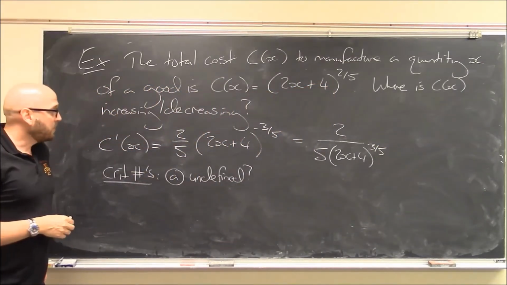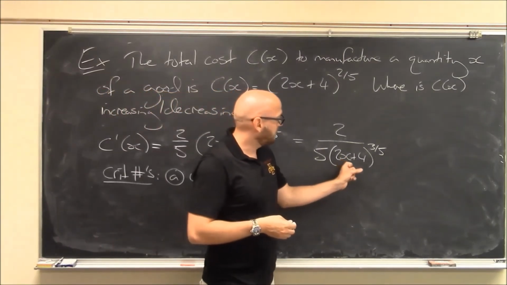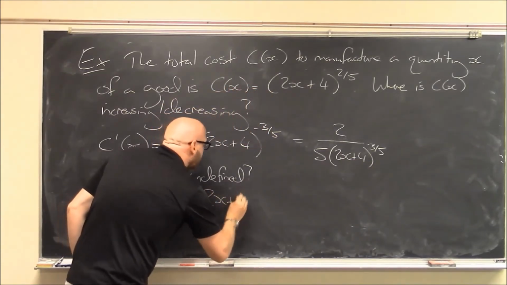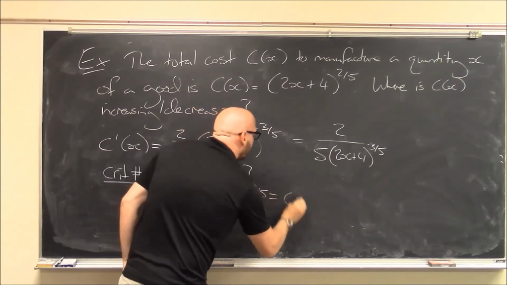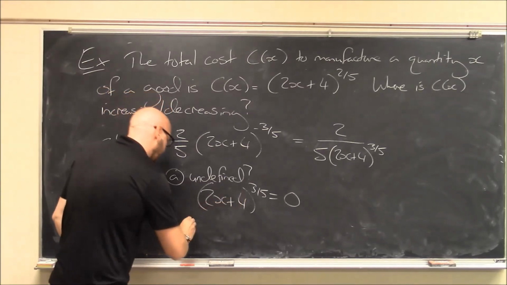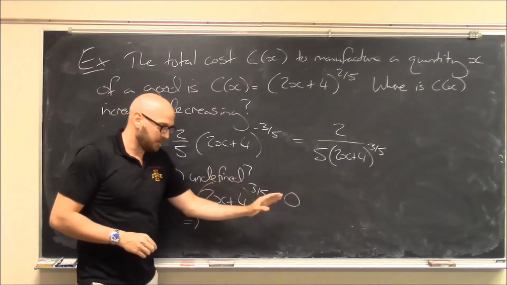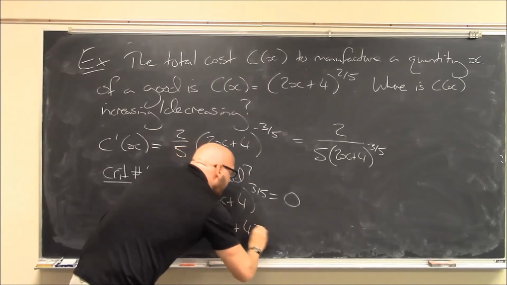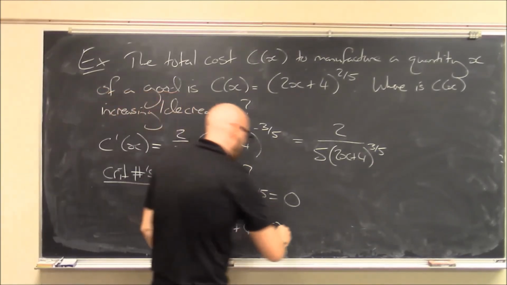And written like that, it's more obvious that yes, this is actually undefined somewhere. It's undefined when 2x plus 4 to the 3/5 equals 0. But you can just raise both sides to the 5/3 power. 0 to the 5/3 is still 0. So this really just happens when the base is 0, when 2x plus 4 is equal to 0. And that means x is minus 2.